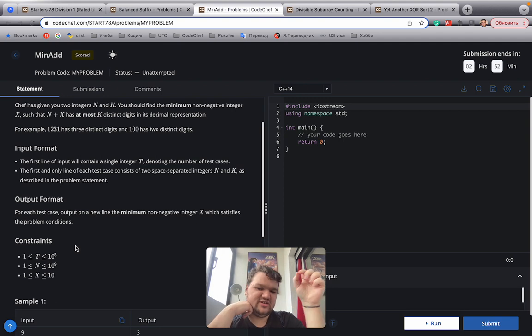Then we can iterate over those segments in increasing order of value, and for each segment we will try to solve a problem: check if it is possible to construct a number with at most k distinct digits, or it is not. If it is possible, find the smallest such number. If it is not possible, then we just move on to the next segment.